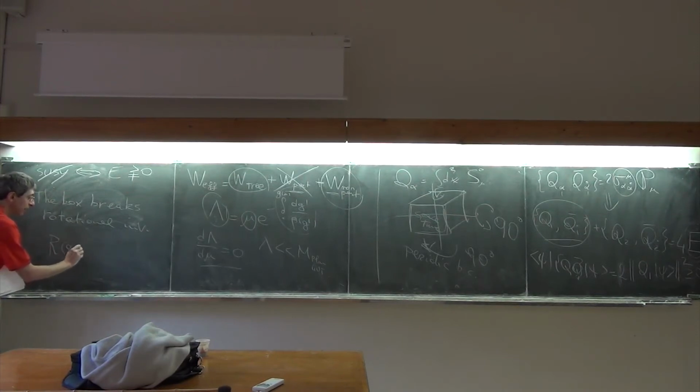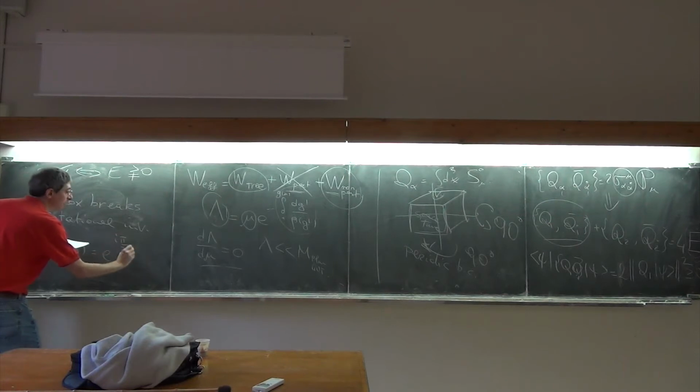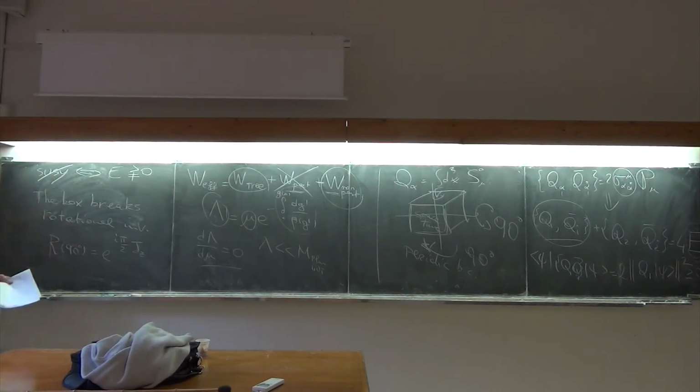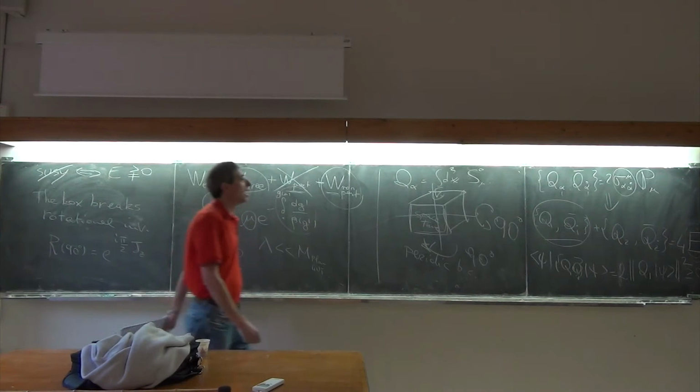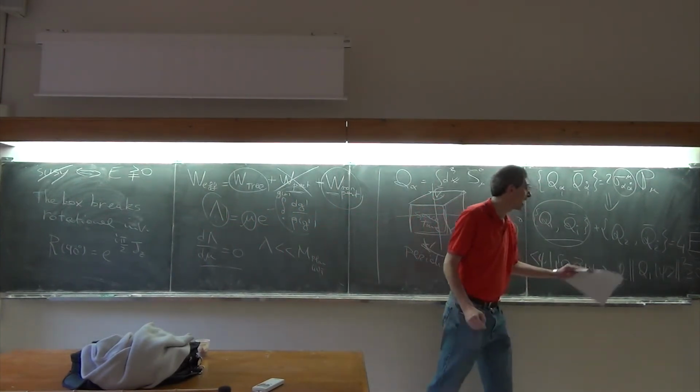I write 90 and not pi over 2 so that you really get the idea that it's by 90 degrees. Is this guy, e to the i, well now I have to write pi over 2 of course, e to the i pi over 2 times say Jz. So Jz is the total angular momentum of whatever state you have. You have a multi-particle state with some very complicated mess in here that I call, for instance, psi here.